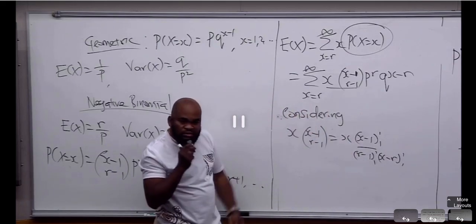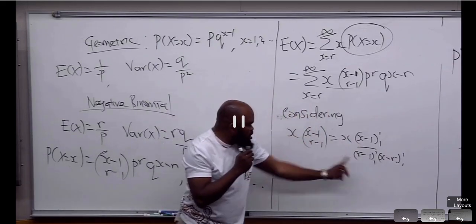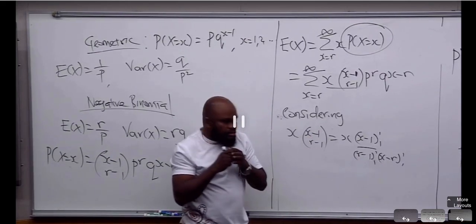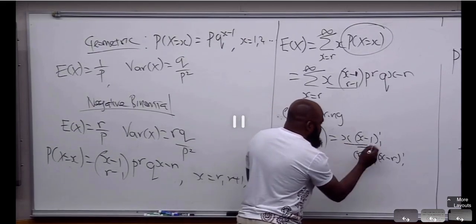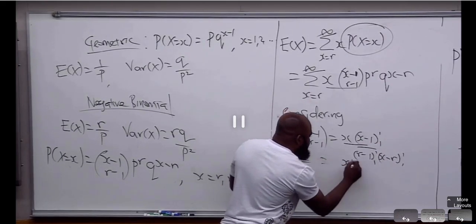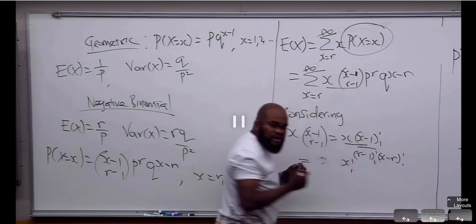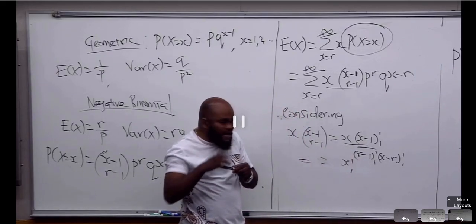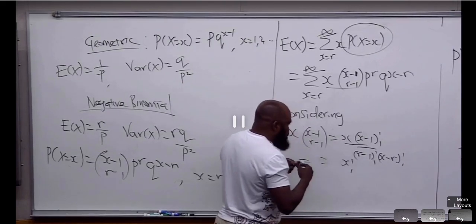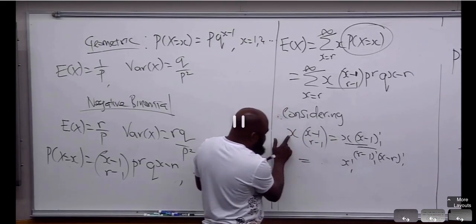It's going to be the top factorial, over this guy factorial, times this minus that factorial. What is the numerator? The numerator is the same thing as x factorial. x factorial is x into (x minus 1) factorial.